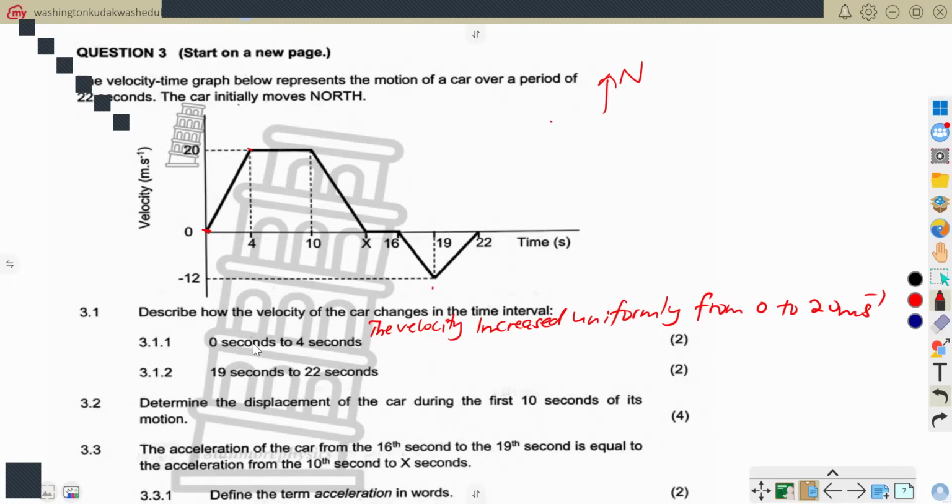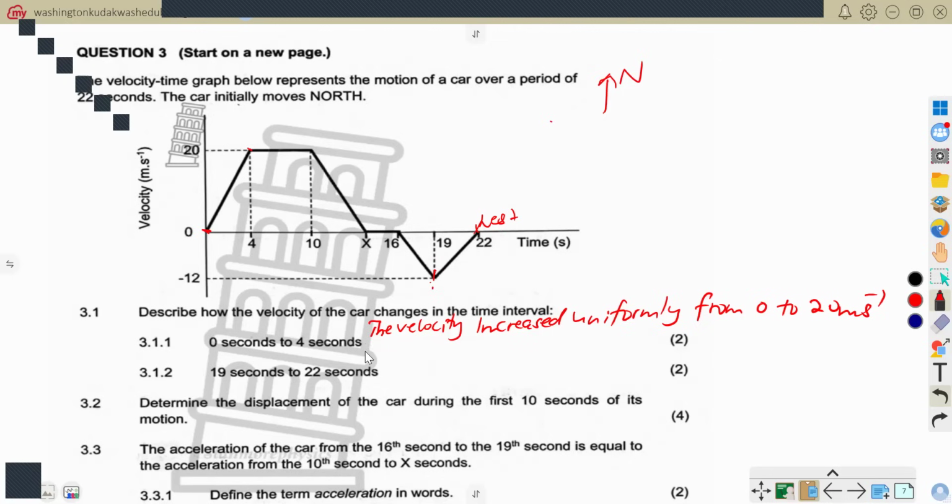And then what about from 19 to 22 seconds? You can see that 19 is here, which is negative, and then it decreased to 0. A negative means that it was moving in the southerly direction. Now it came to 0, which is at rest. So the velocity also decreased uniformly, but now it is coming from a negative velocity of 12 meters per second, which is 12 meters per second south, to rest.